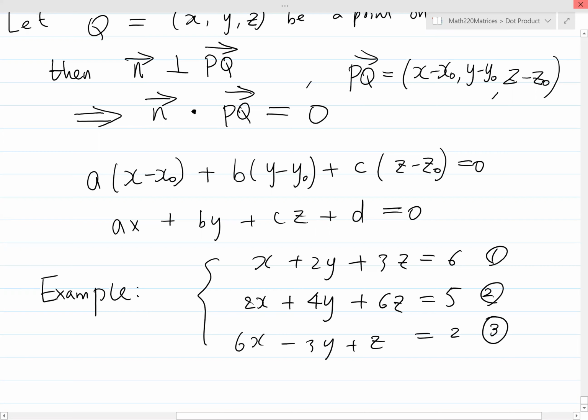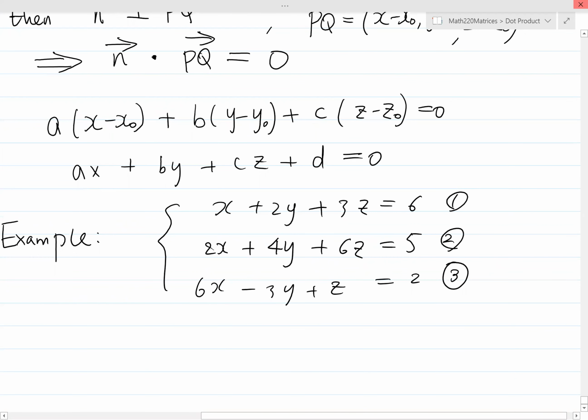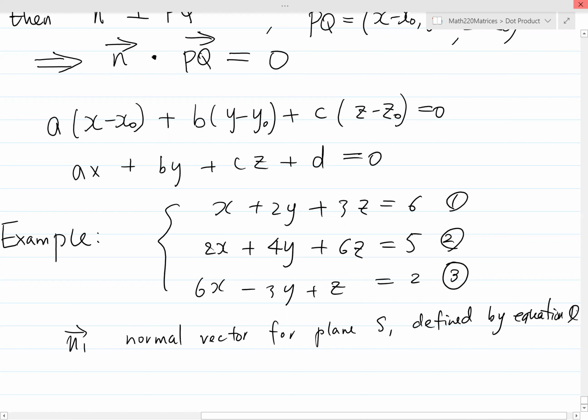Now, what is the normal vector for plane S1 defined by equation 1? And N2 is determined by S2, equation 2.